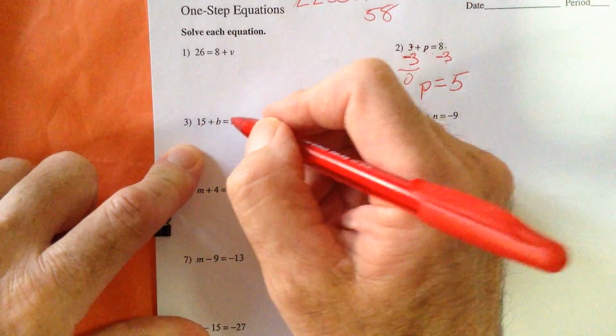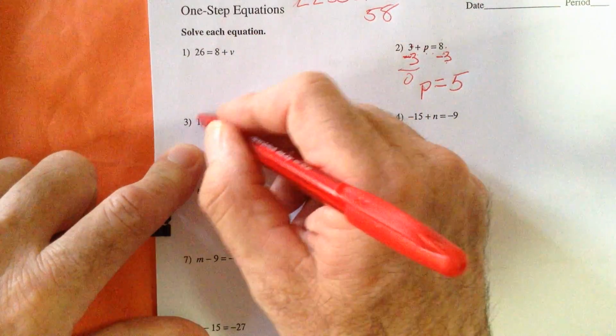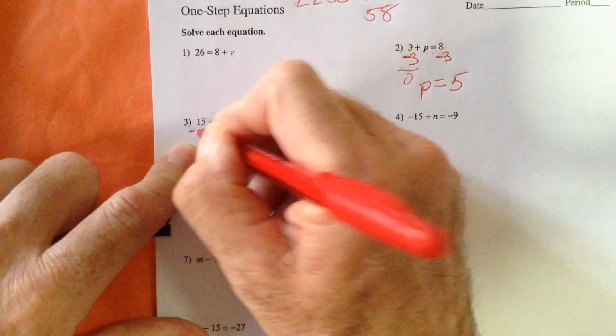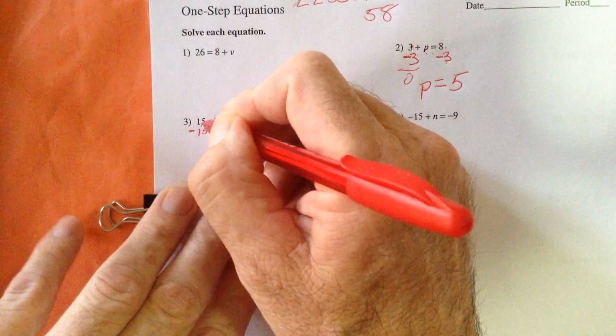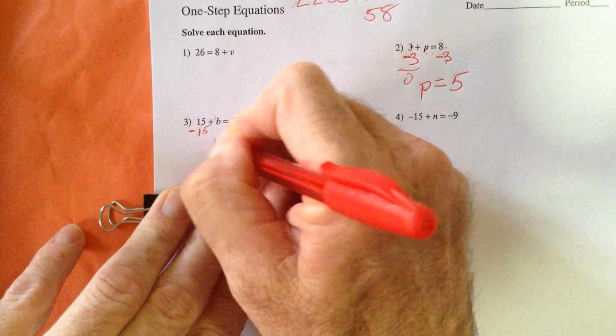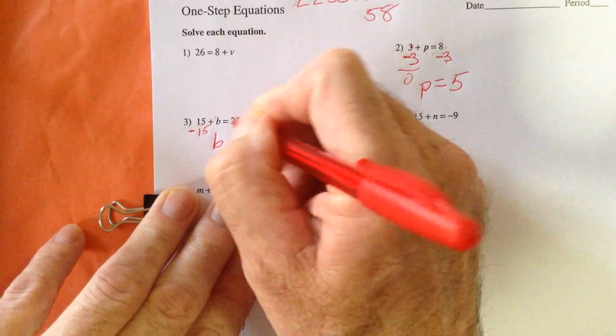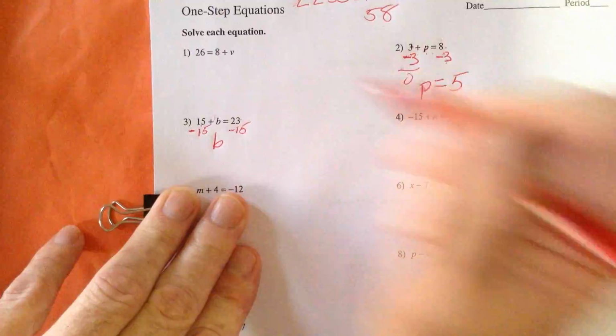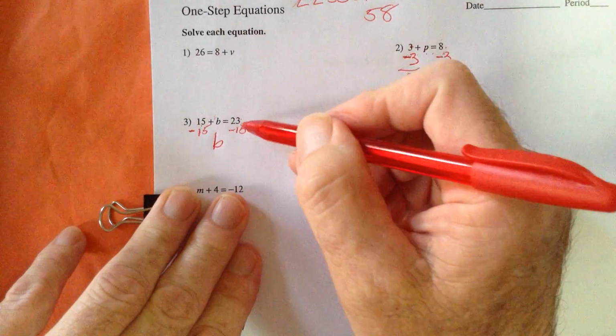So here, if I want to isolate the b, I've got to get rid of this 15. The opposite of positive 15 is a negative 15. So 15 minus 15 is 0, and that disappears, so I'm left with just the b. But if I subtract the 15 from the left side, I've got to do the same thing on the right side.